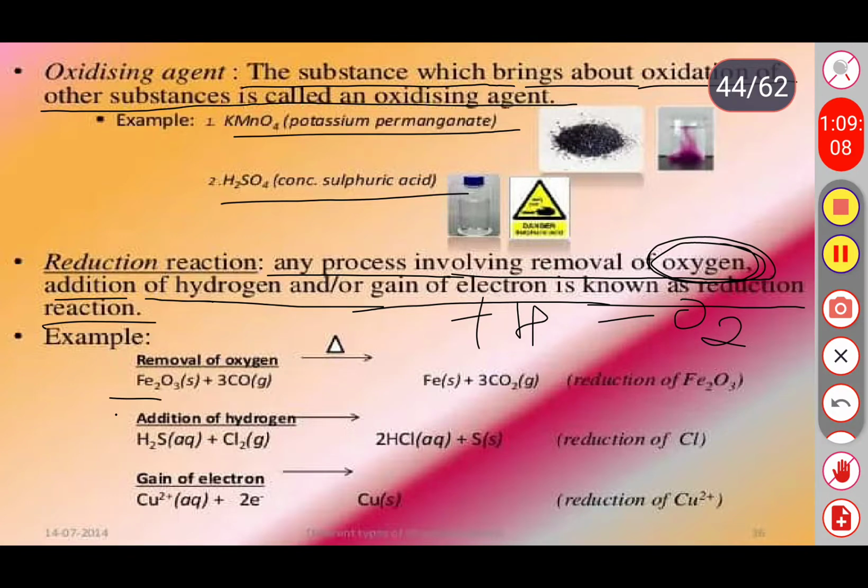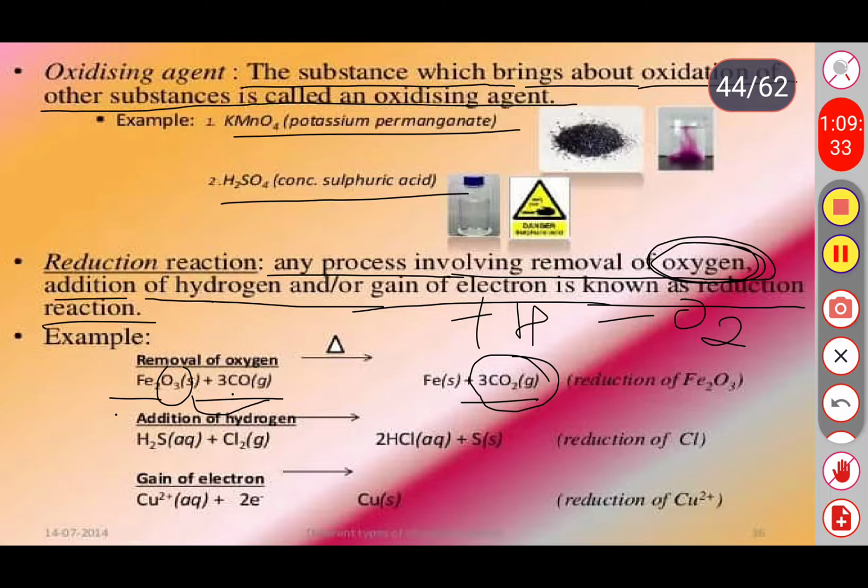It means oxygen is completely removed from the ferric oxide compound and we get a separated form of the iron. So this is the removal of oxygen from the ferric oxide. That type of reaction we call a reduction reaction.